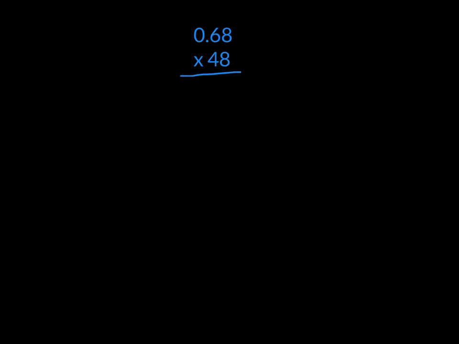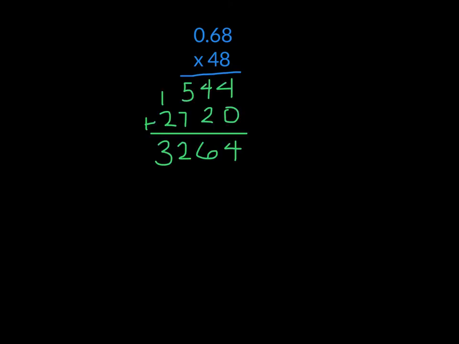We have 0.68 times 48. Our first step is to multiply just like we would as if the decimal weren't there. So if I go ahead and multiply all that out, this is what I get: 3,264. Our second step is to count the number of decimal places in both factors. So we only have a decimal here in this one number.